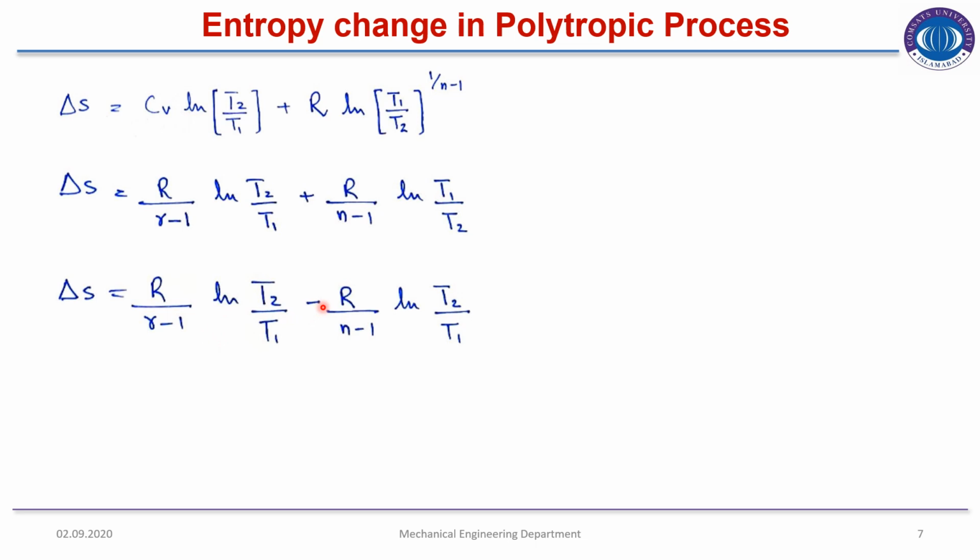In the third step, we have multiplied by minus 1 and interchanged the values, so previously that was natural log T1 over T2, now it is natural log T2 over T1. That's why the minus sign is present over here.